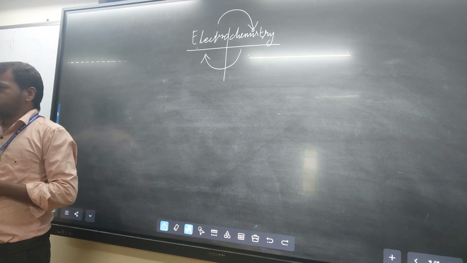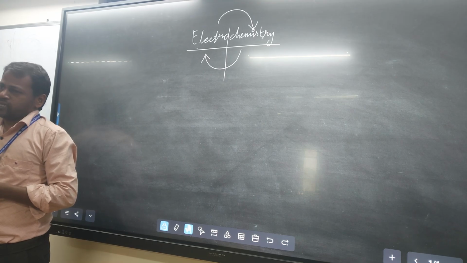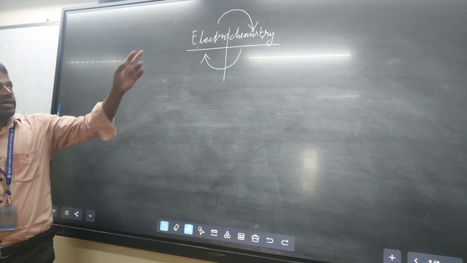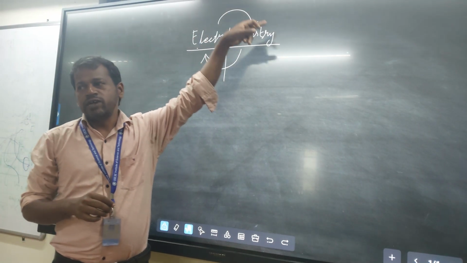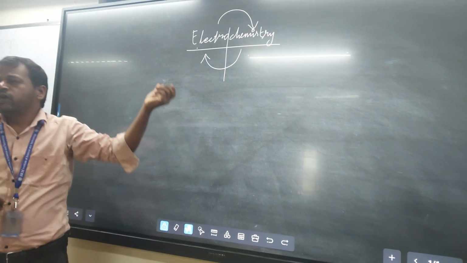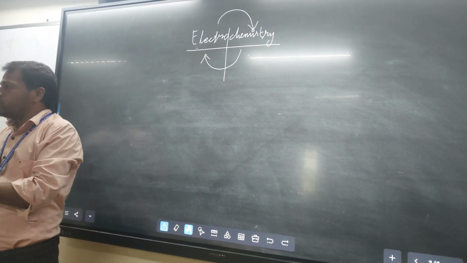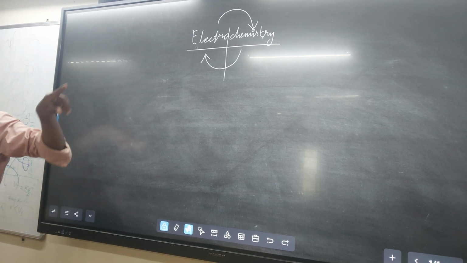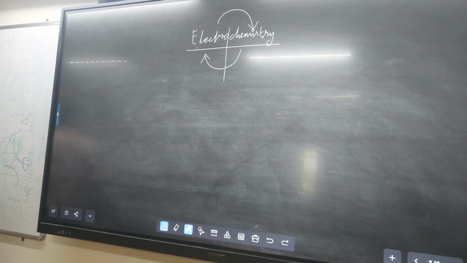You know that for our mobile batteries, when charging, using the electrical energy the chemical energy is stored. And after charging, when we use the mobile, the chemical energy gives electrical energy.